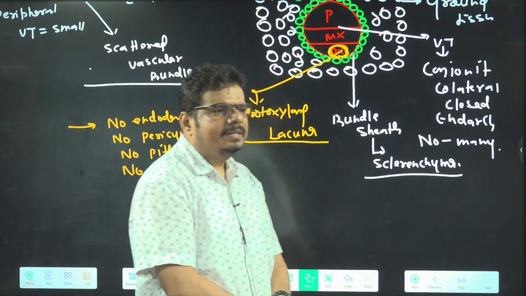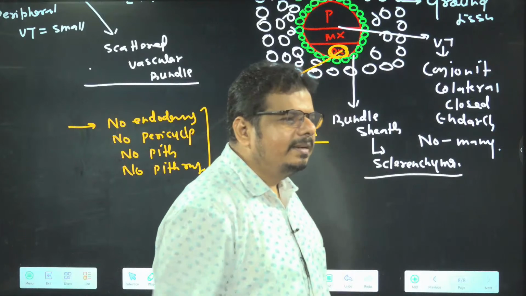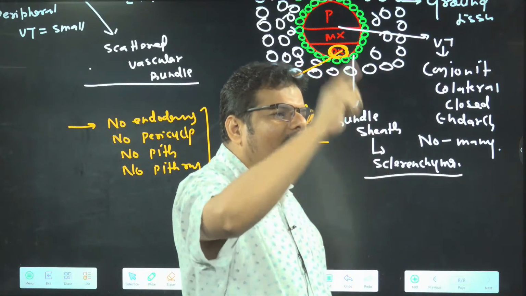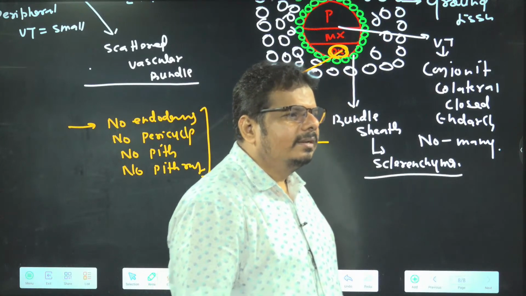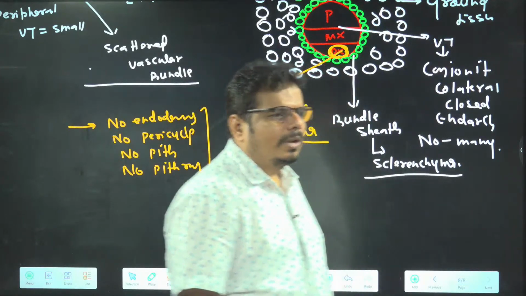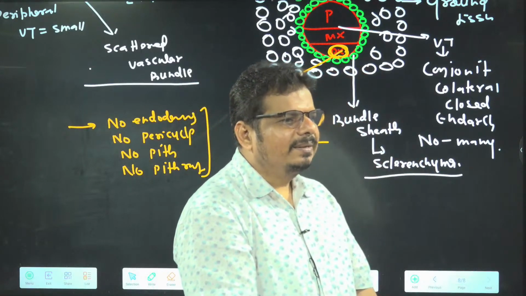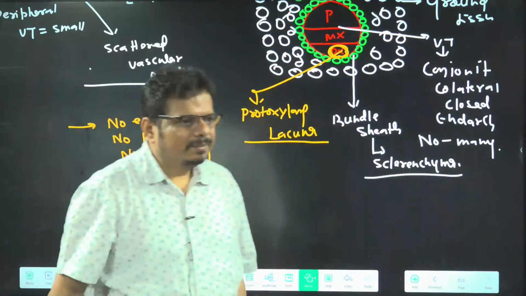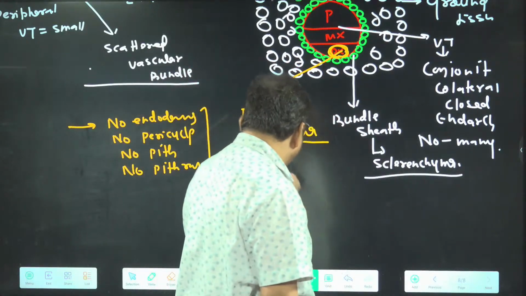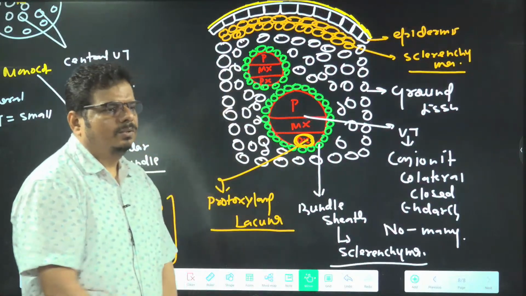Bundle sheath is present here, not present in which one? Dicot. This is a difference. Collenchymatous hypodermis in dicot, sclerenchymatous hypodermis in monocot. Is it clear or not? So you can easily state about 8-10 differences between dicot and monocot stem. So monocot stem is also over.